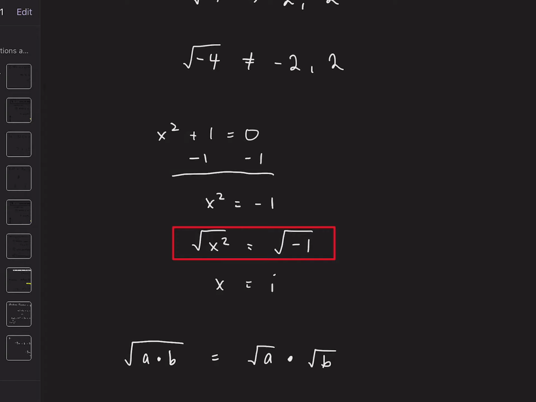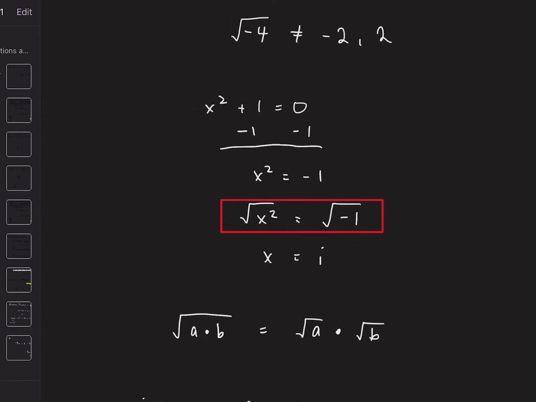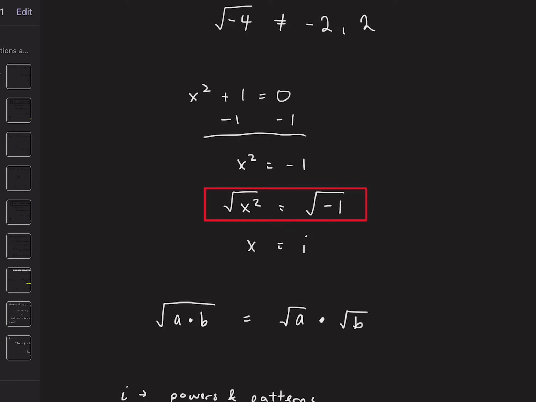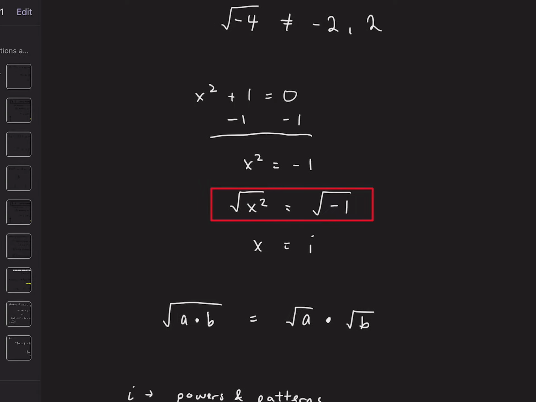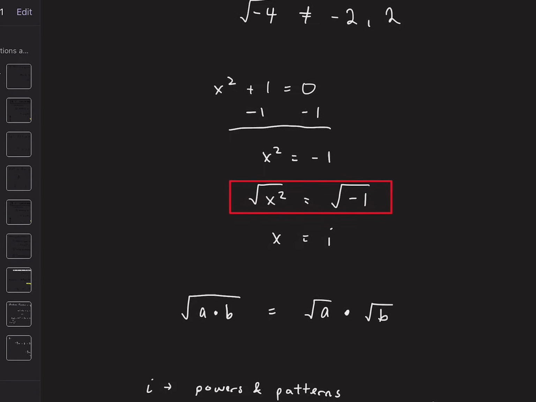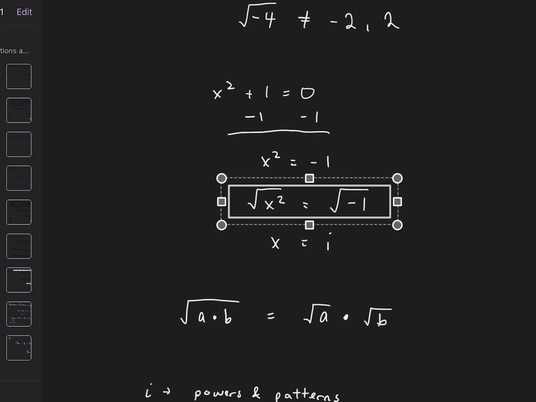Now, I'm going to bring up a property that we talked about before. The square root of AB equals the square root of A times the square root of B. Why this is important is mainly because we're going to use this as a way to transform negative numbers in square roots so that it becomes a more digestible imaginary number.